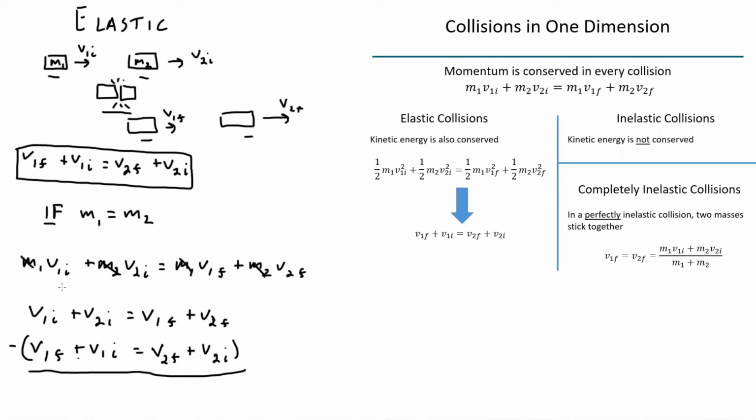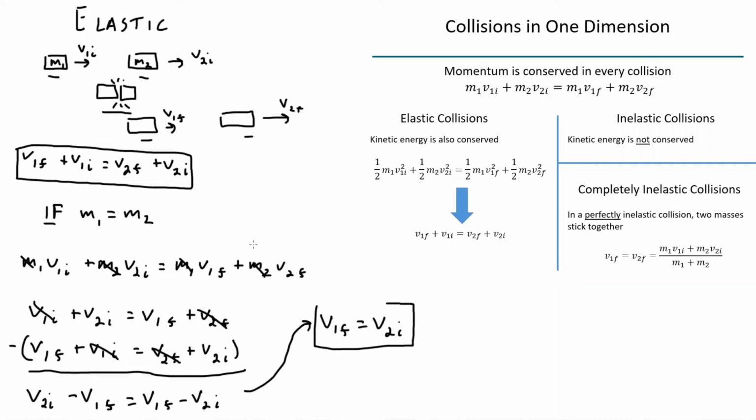When I do this, well, v1 initial subtracts out on this side, and on this side I find that v2 final subtracts out. So I get v2 initial minus v1 final equals v1 final minus v2 initial. If I solve this for v1 final, for example, I find that v1 final equals v2 initial.